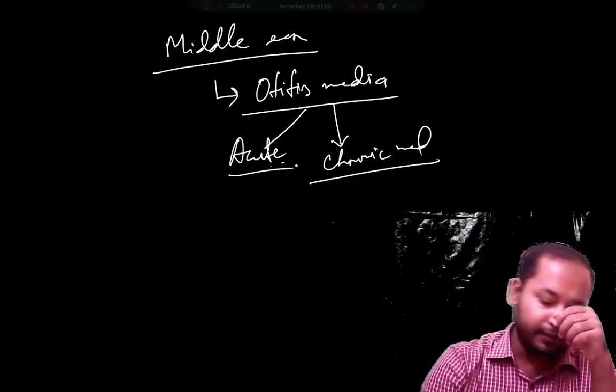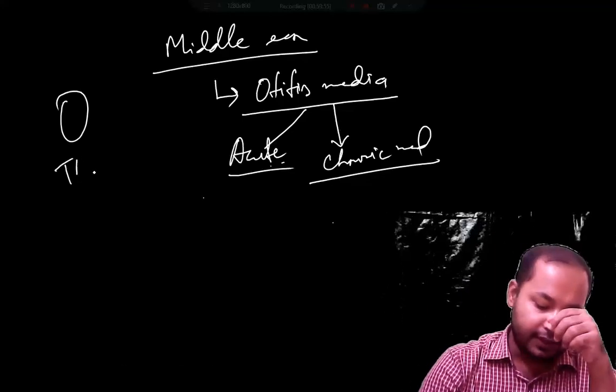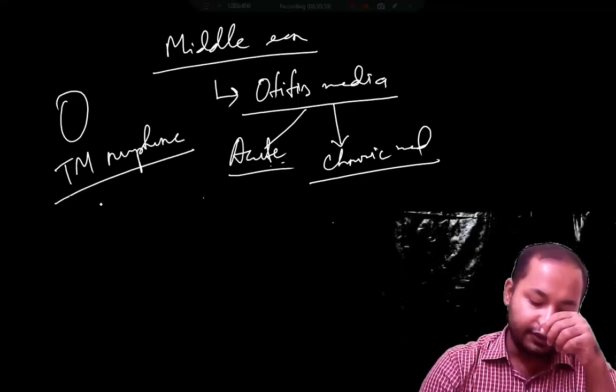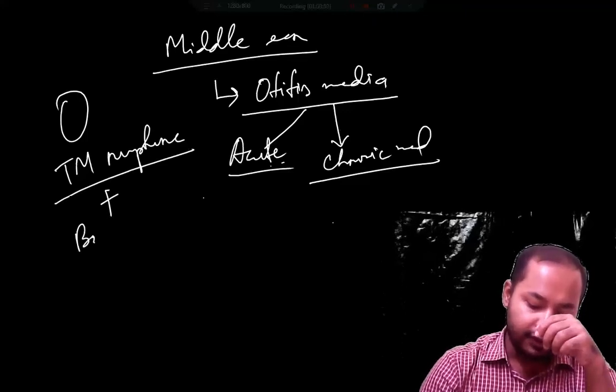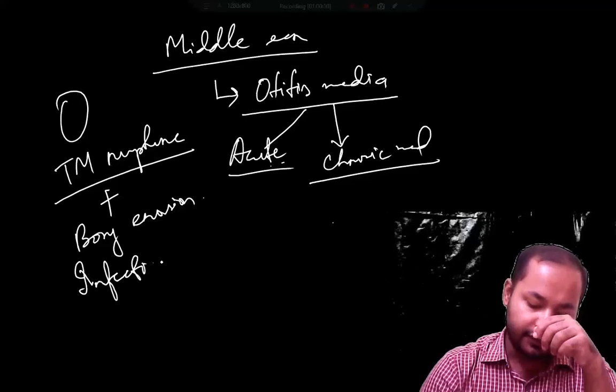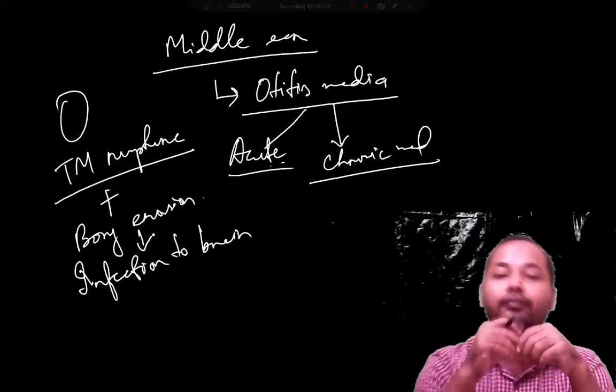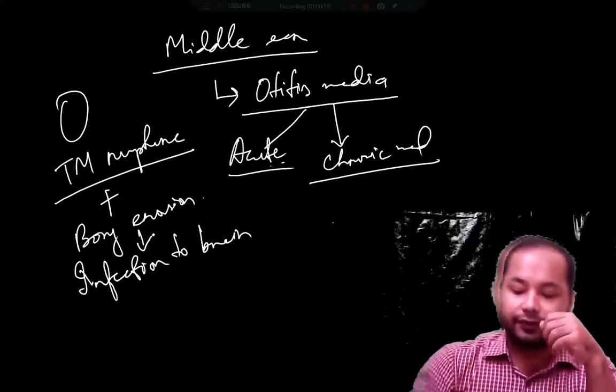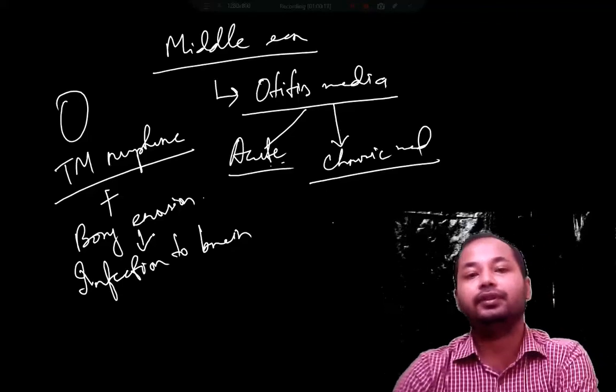So tympanic membrane rupture is a complication, in addition to bony erosions which will lead to infection to the brain. These are the complications which may happen because of infection in the middle ear.